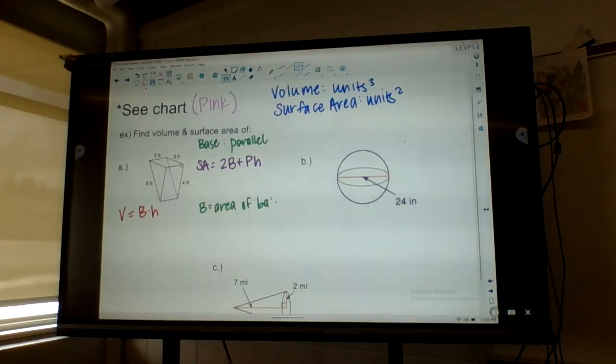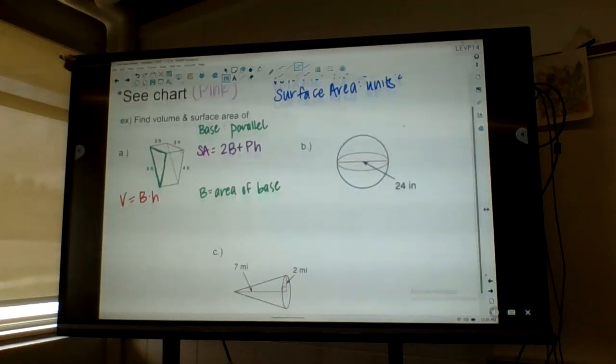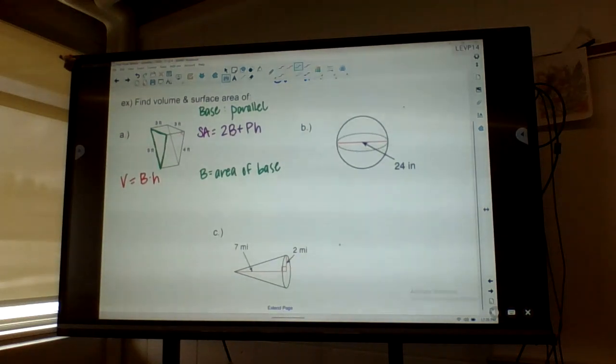Now our base has to be this triangle because it's the one that's actually parallel to the other base. The top of the shape doesn't make sense to be the base because it's not parallel to anything. So the base is kind of turned on its side there. So we're going to do base times height divided by 2 for the area of our base.